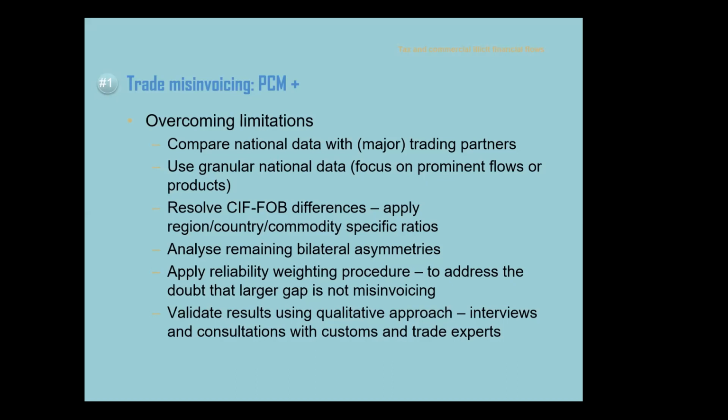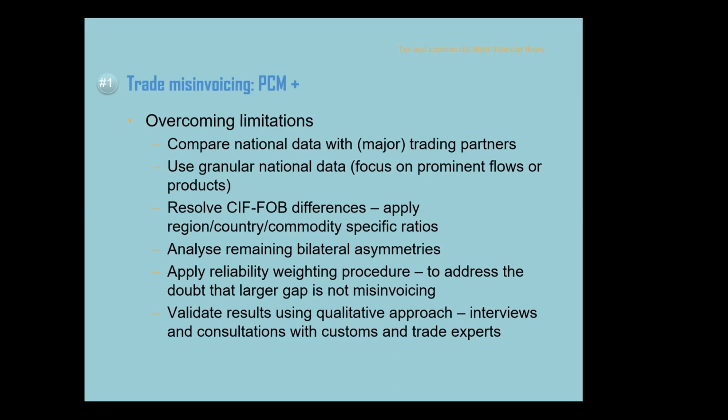If on the other hand, we're a small economy, and we only play a tiny portion in all of our major trading partners, there may be some delays, if not reluctance, of our major trading partners to report back to us or review bilateral trade statistics. Nevertheless, as much as possible, using nationally available data is a suggestion to go with.